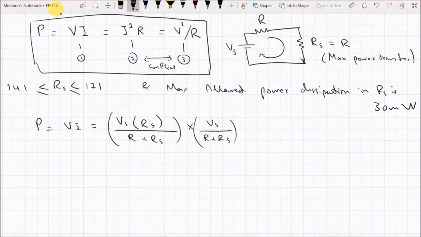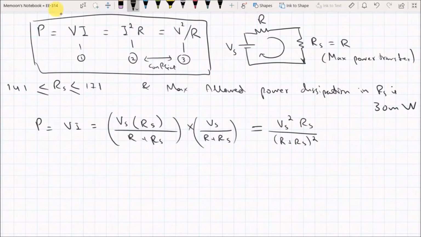This is the voltage dropped across Rs, Rs over R plus Rs into Vs, and this is the current passing through this circuit, that is Vs over the sum of these two resistors in series. Let me expand it further. That becomes equal to Vs square into Rs over R plus Rs squared.